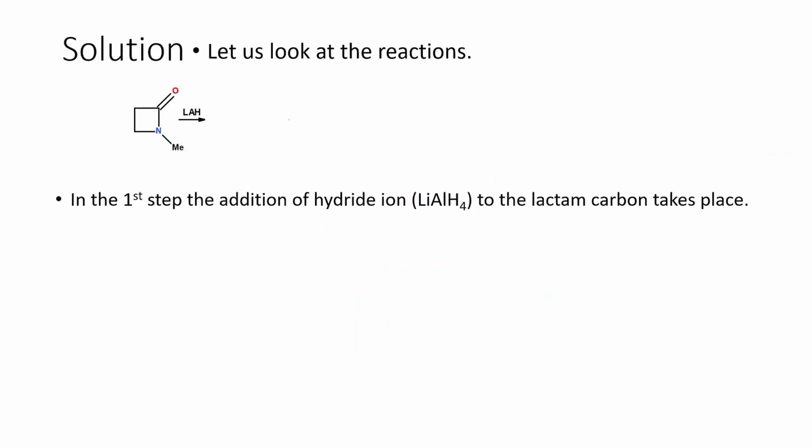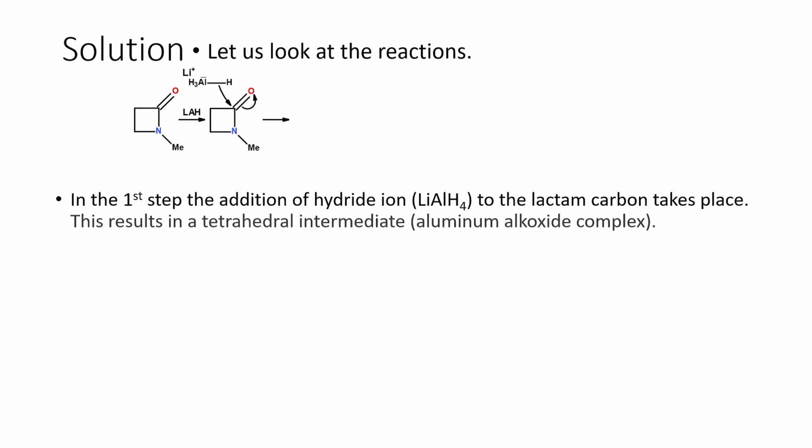So let us look at how the reaction actually proceeds. In the first step, addition of the hydride ion from the lithium aluminum hydride takes place. This actually adds to the carbonyl group, reduction takes place on this one.